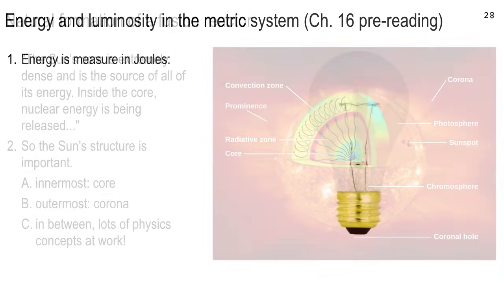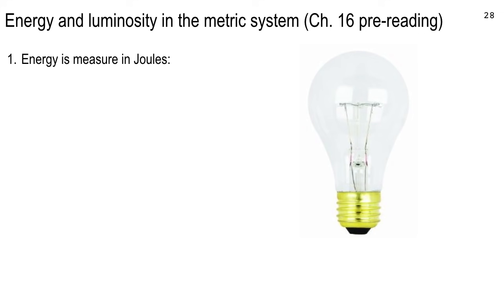All right, so let's do a little primer in energy concepts. This is kind of pre-reading in chapter 16. Energy and luminosity in the metric system. Energy is measured in joules. On your power bill from Progress Energy or Duke Energy, it's kilowatt hours.